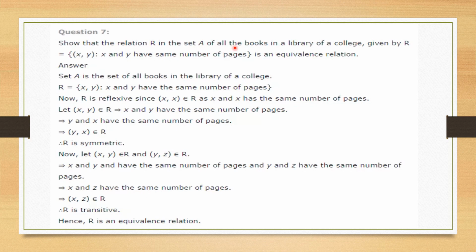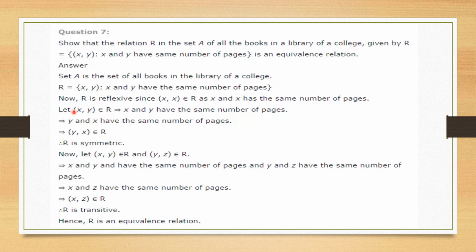Question number 7 says relation R in set A of all books in a library given by R is (x, y) such that x and y have the same number of pages is an equivalence relation. An equivalence relation is one which is reflexive, symmetric and transitive. Let us check the reflexivity condition. Every book has the same number of pages as itself, so clearly (x, x) belongs to R. So it is reflexive.